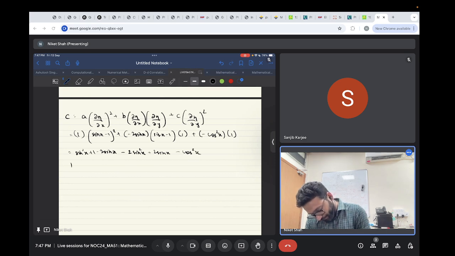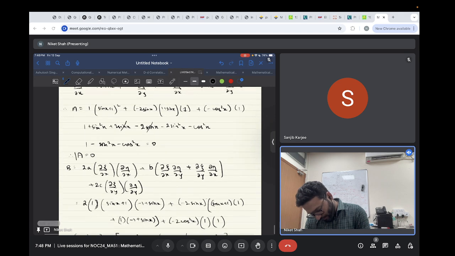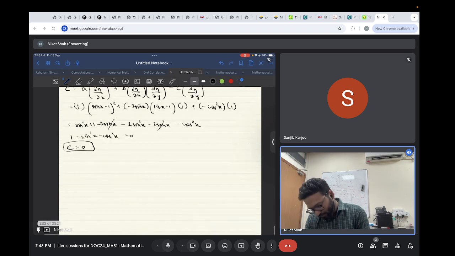So 1 minus 2 sin x plus 2 sin x gets cancelled. Minus sin square x minus cos square x, again 0, just like capital A. In a very similar manner, this also becomes 0.